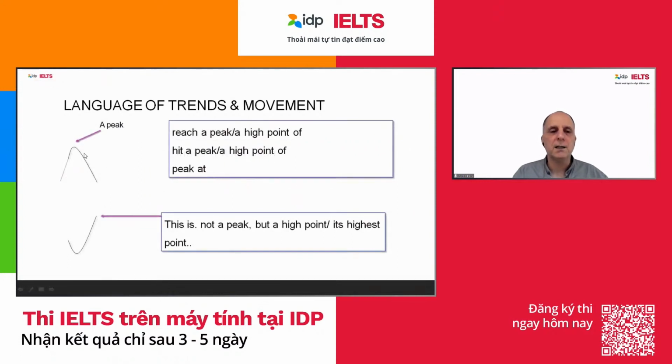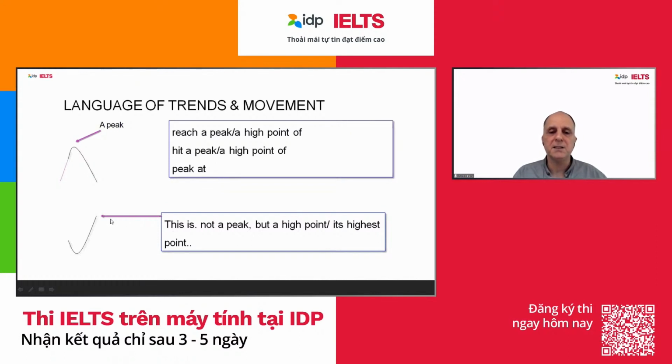Now, something I want to highlight. Remember that a peak is like a mountain. Okay, reach a peak, a high point of, hit a peak of, and to peak at. Remember, peak at is a verb phrase. A peak of is a noun phrase. Okay, this is not necessarily a peak.